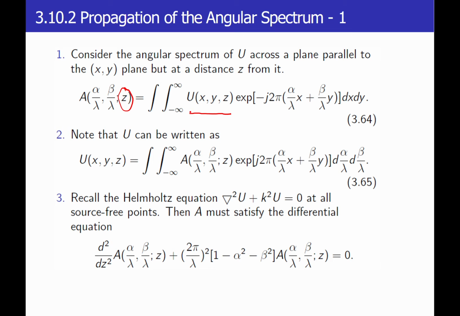Remember that here x, y, z, same component, and this is not the k or the fz. So note that u(x,y,z) can be written as this one.